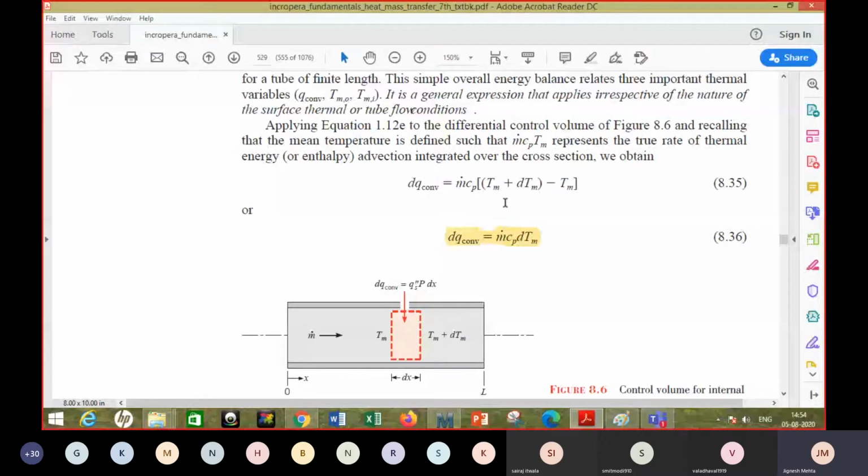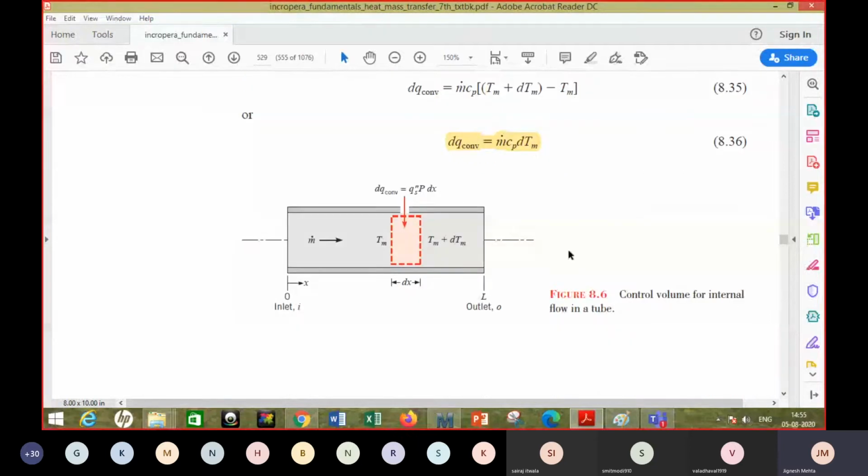Okay. So this dq convected, what would happen due to that? It will change the mean temperature from Tm to Tm plus dTm, right? So this heat convected into this volume is nothing but increasing the temperature by dTm, so that is equal to m dot into Cp into dTm.